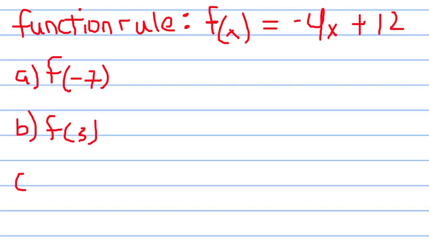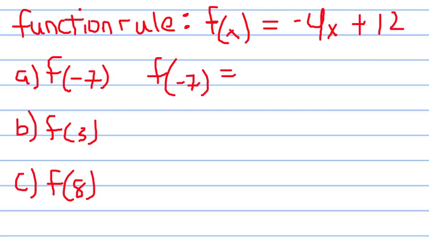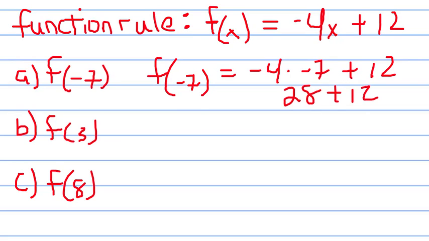And for c, the function of 8. So all you're going to do is substitute the number in for x. So negative 4 times negative 7 plus 12. And that's going to give you 28 plus 12, which is 40. Okay, go ahead and do the next two and we'll check your answers.